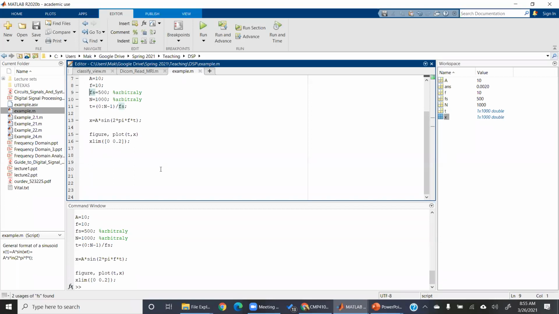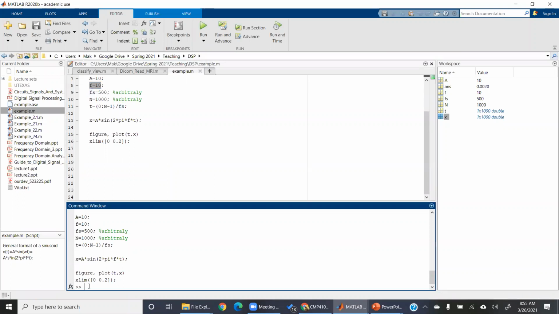It has nothing to do with the actual period of the signal. So the sampling period and the signal period are different. The actual frequency of the signal is 10 hertz, meaning its period is 0.1.